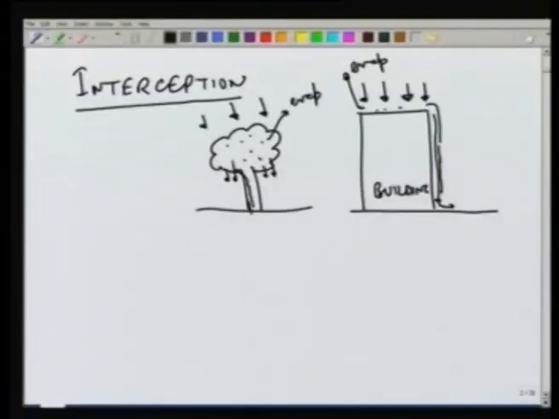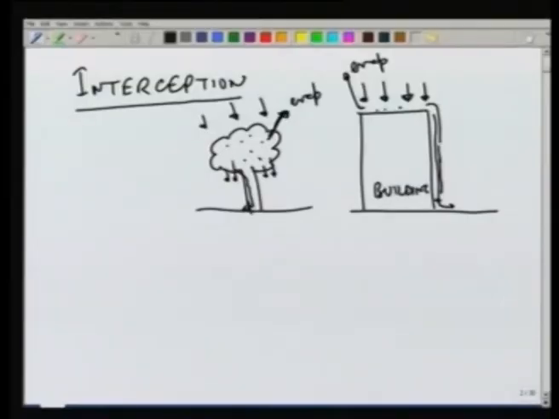Some water may directly fall down from the tree, or some of it may go over the stems and then again reach the ground level. So, these parts are not really lost, but the part which is evaporated is lost as far as runoff is concerned.